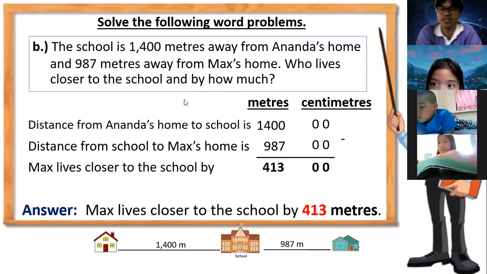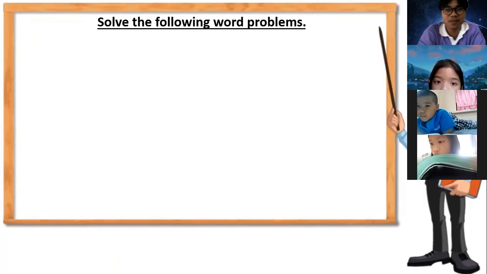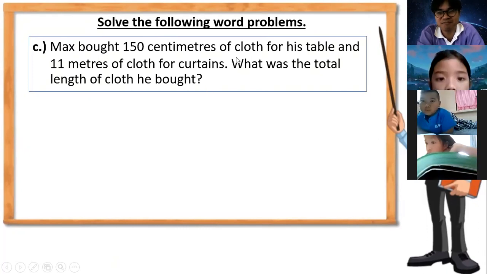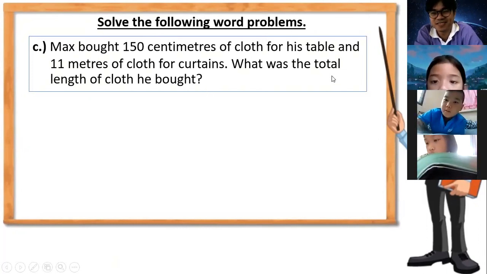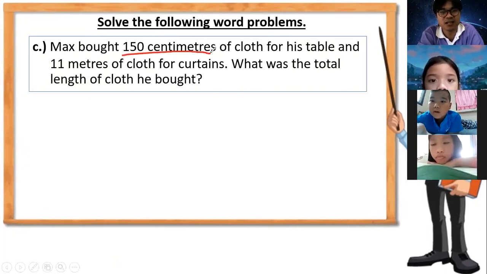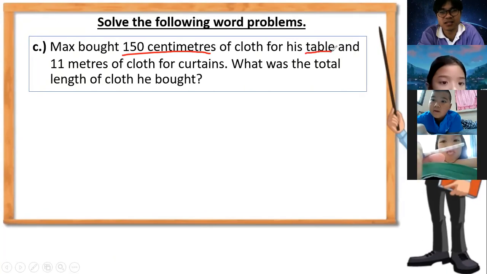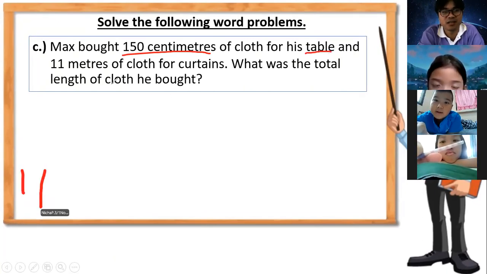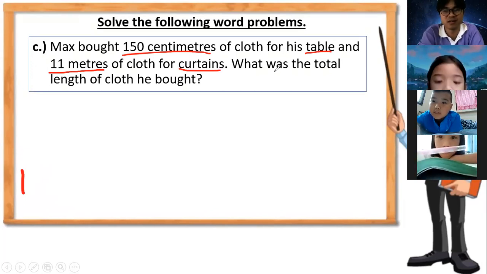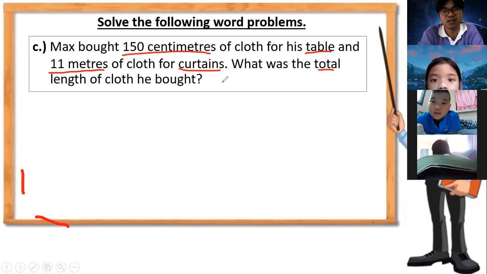Let's do it slowly, one by one, step by step. Let's go to problem C. Okay, Salmon, can you read the letter C problem? Max bought 150 centimeters of cord for his table and 11 meters of cord for curtains. What is the total length of cord he bought?